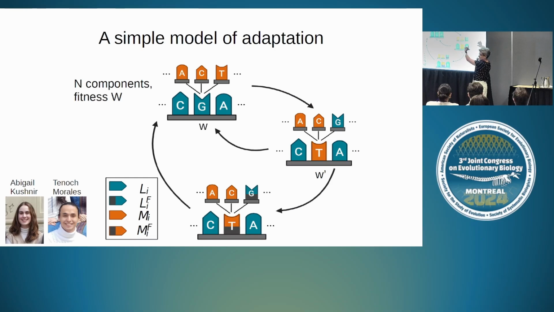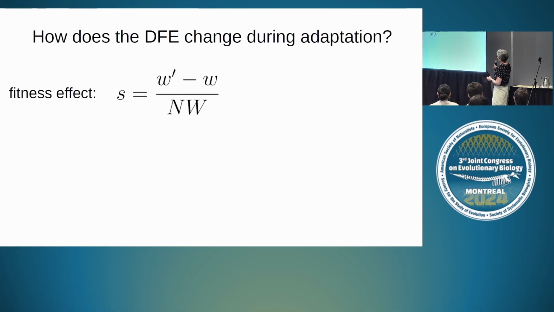M is all the available mutations, all the way across, not just those 3, all the available mutations across the whole genome. And then when a fixation occurs, we have L, the allele that got replaced at the fixation event, and M, the mutation that did the replacing at the fixation event. I'll remind you of those again as we need them, if I have time to go through the math.